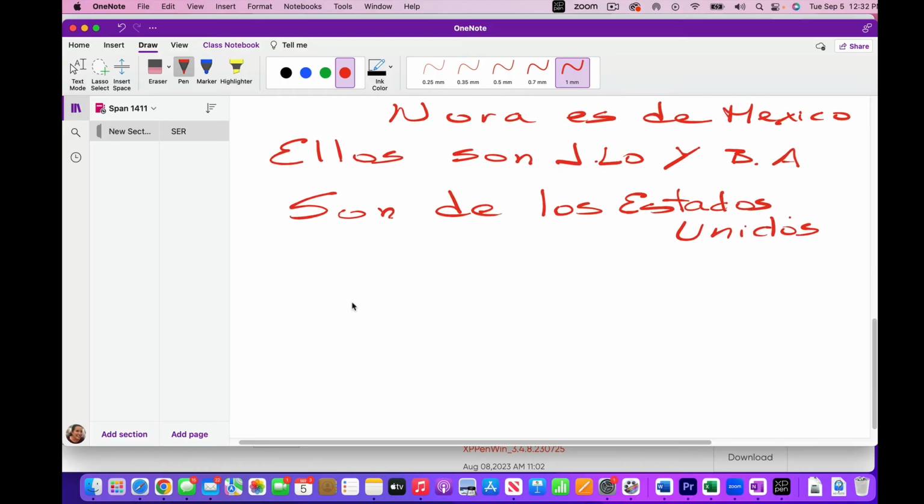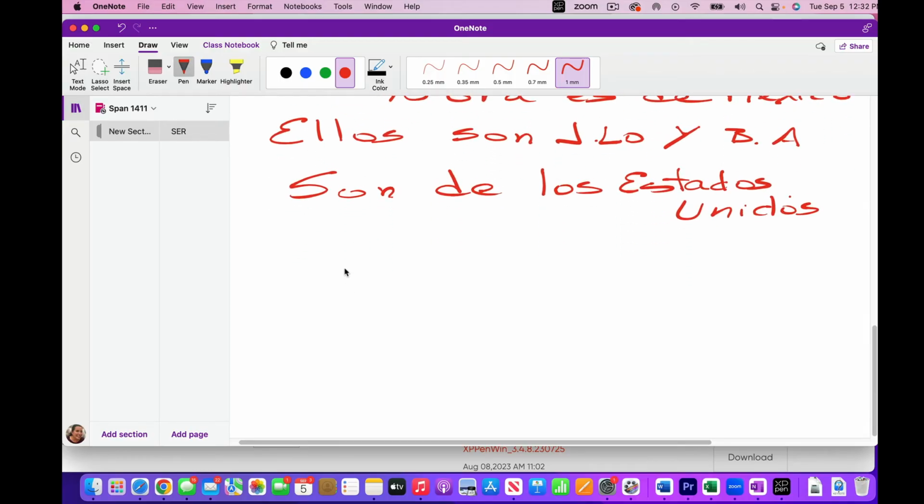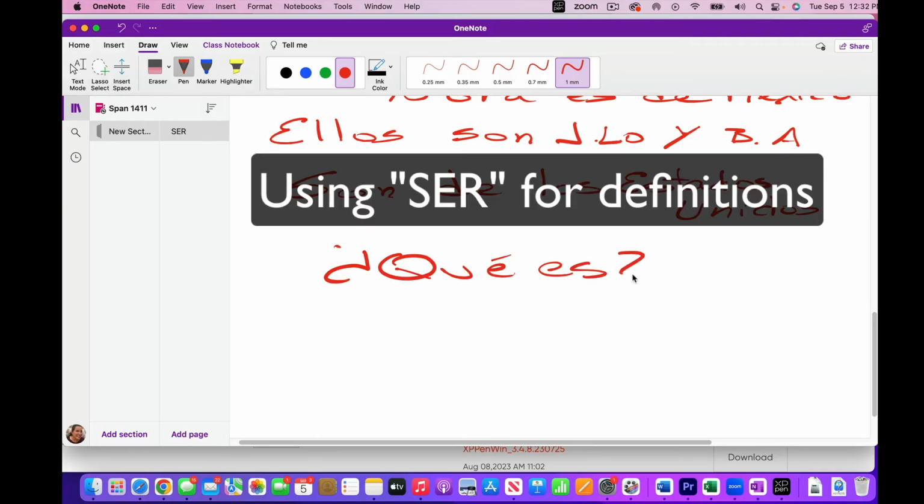All right? Okay, let me give you an example of a definition. ¿Qué es? What is this? And let's assume that I am pointing to a book. Remember that I mentioned in my last video, we don't have the word it.